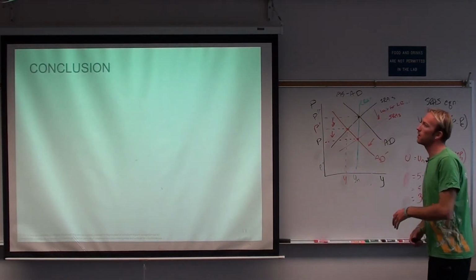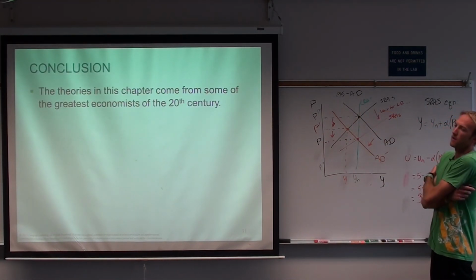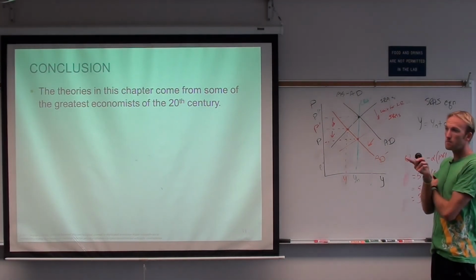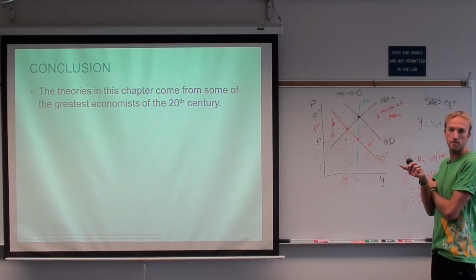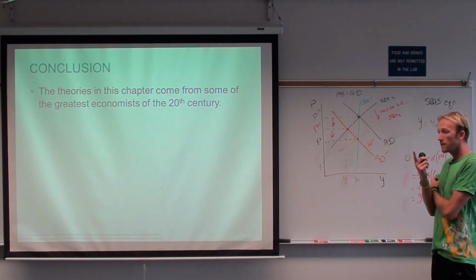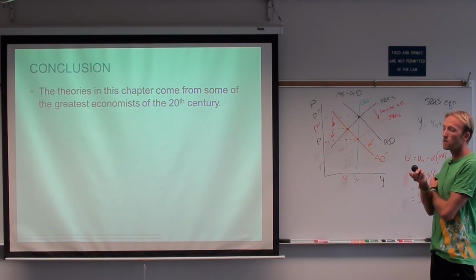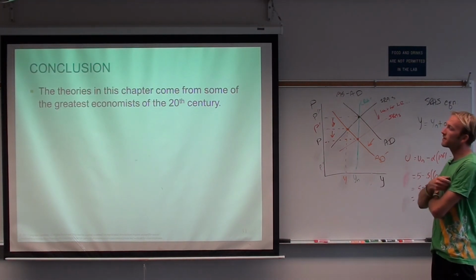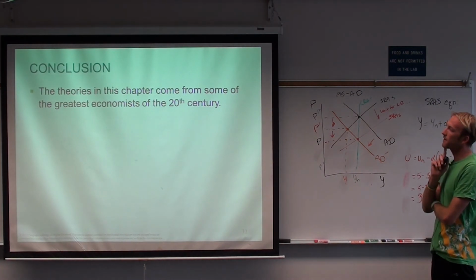All right, so conclusion. The ideas in this chapter come from the smartest guys in economics in the 1900s, right? Friedman, Phelps, Robert Solow, Lucas, Milton Friedman. This chapter is really cool.